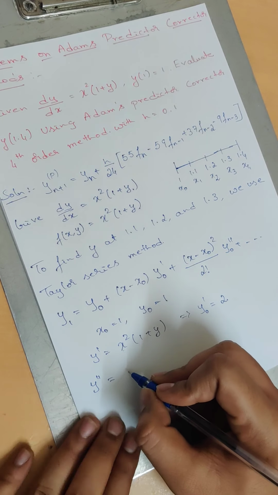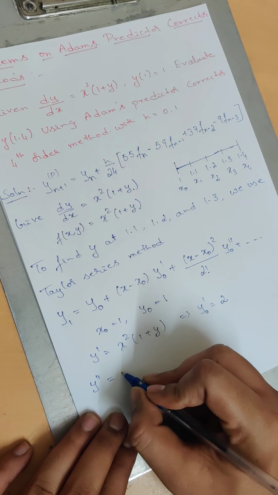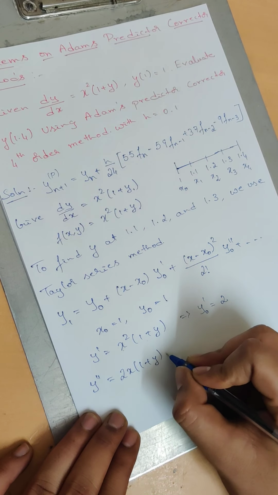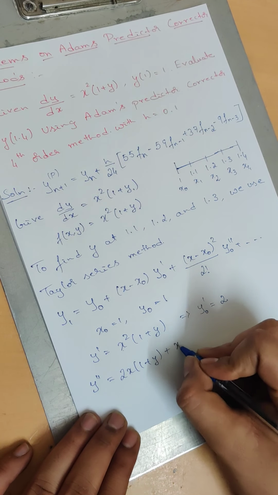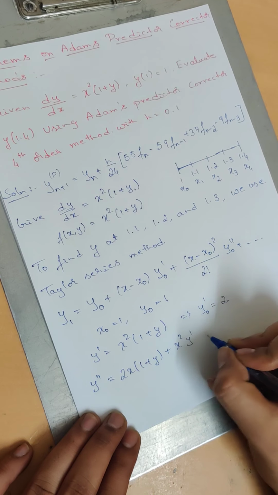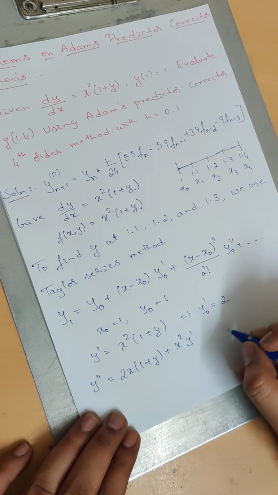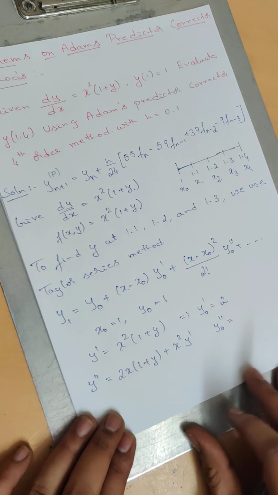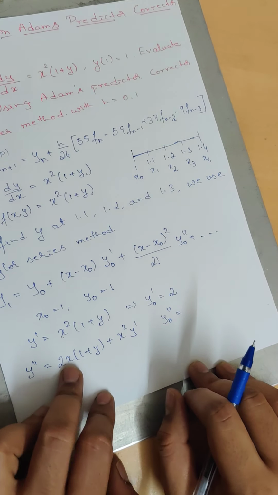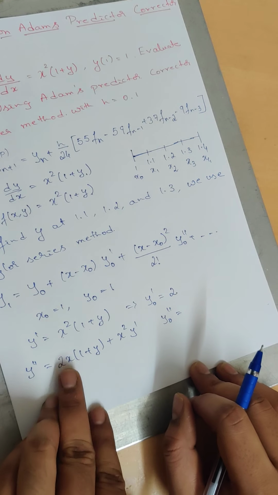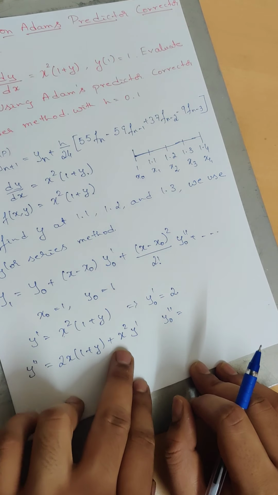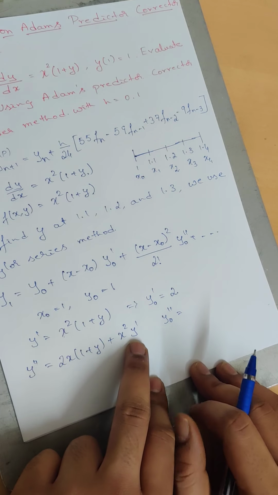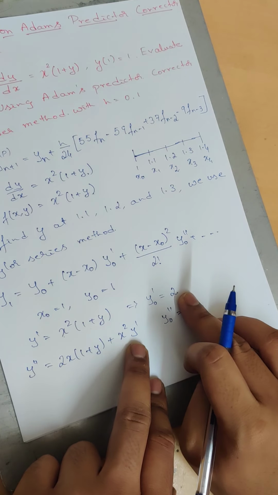So using product rule, this becomes 2x into 1 plus y plus, we'll retain x square as it is, y prime. So if you substitute the initial conditions, we'll be getting y0 double prime as 2 into 1, 1 plus 1, plus 1 into y prime, where y dash is 2.